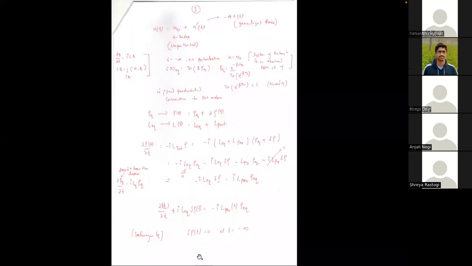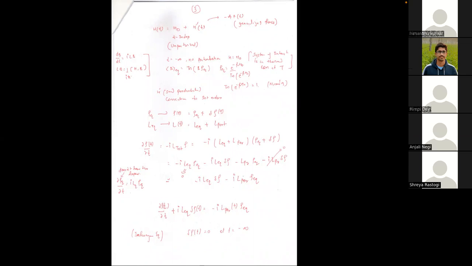If you have any doubt in the derivation part, I can explain it later. Abhilash, what if you take the first term, L rho equilibrium, equal to 0? Yes, because this rho equilibrium does not have time dependence, so this part is basically 0.